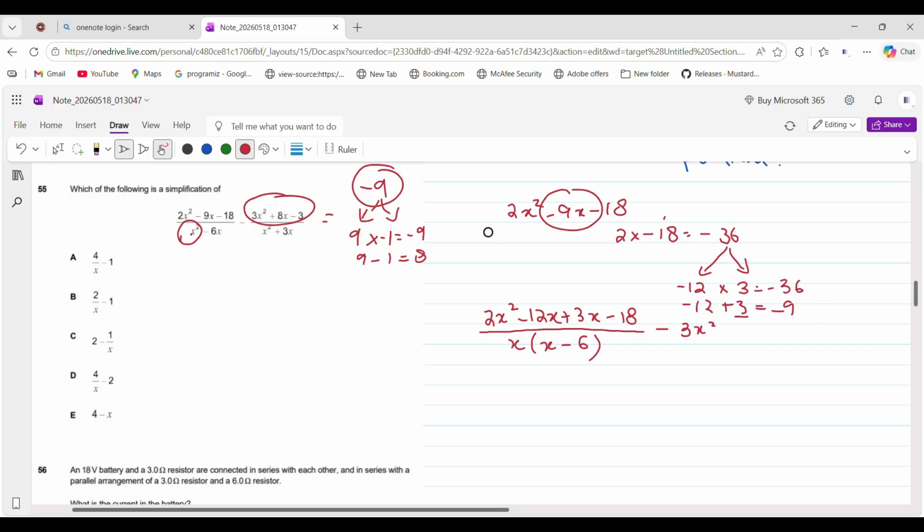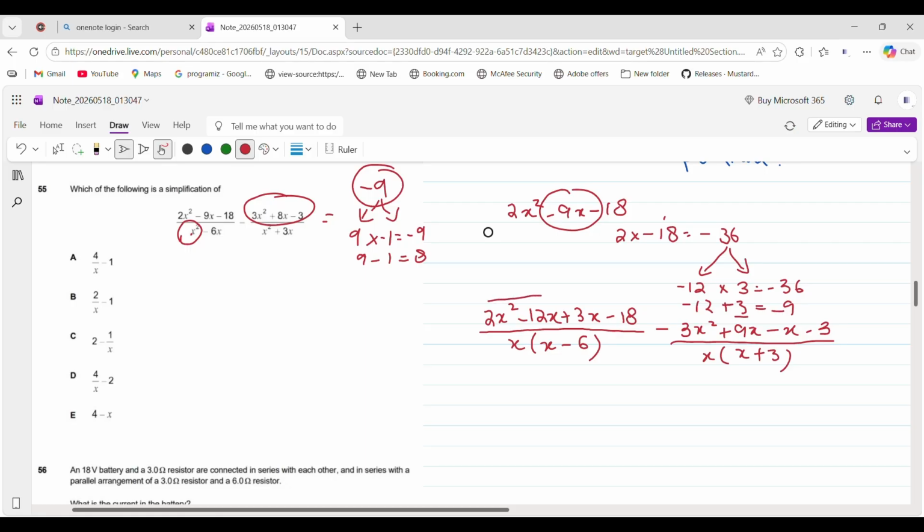So 3x square, instead of this plus 8x, now I have to write my factors: plus 9x minus x and then minus 3. I can take x common from here, so x plus 3 left. Now see, this has become very easy.